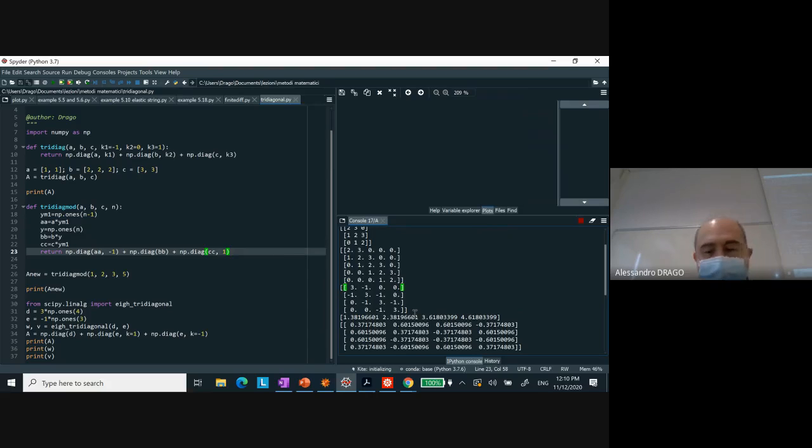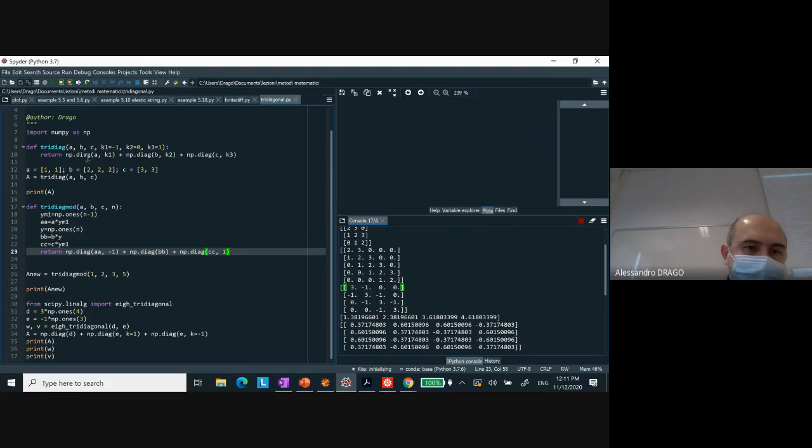So this is what we want to do. The general idea is that you can avoid filling one by one all these elements that can be quite lengthy, just by telling the elements which are non-zero in the diagonals.